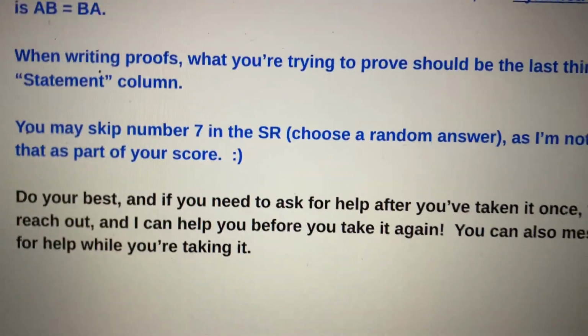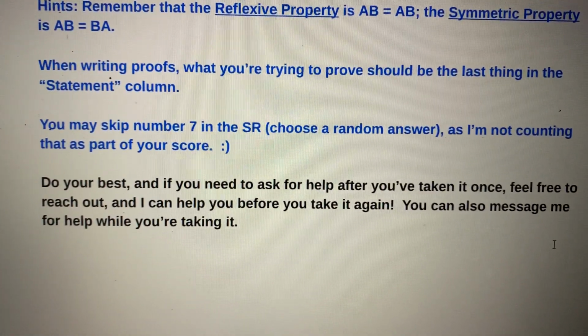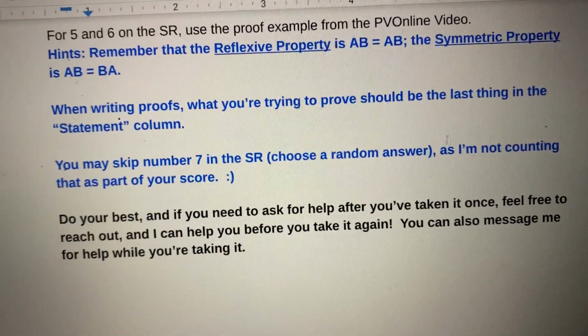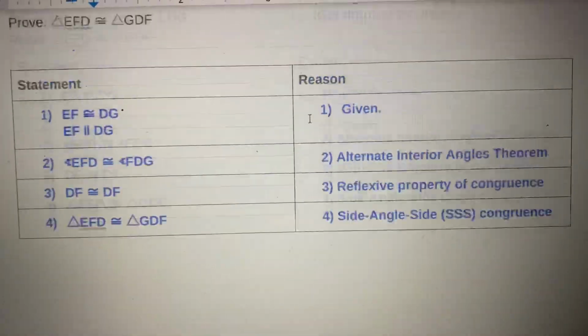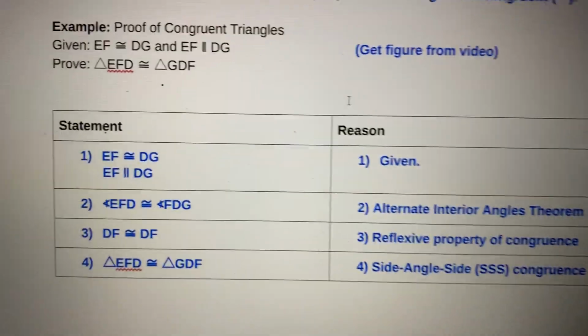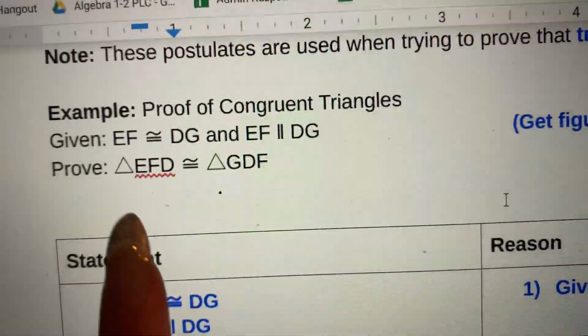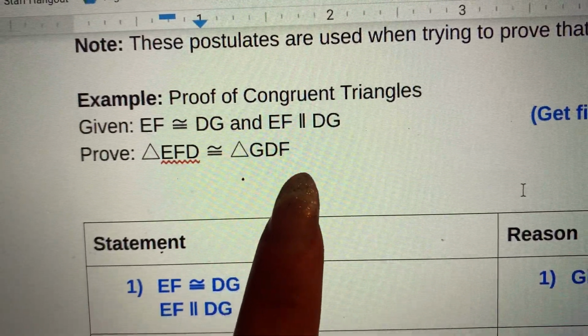When you write a proof, which is what you're going to be doing in number 6, what you are trying to prove is going to be the last statement in your column. Let me show you an example from the notes, which are up here. Notice that in this example from the PV Online video, we wanted to prove that triangle EFD is congruent to triangle GDF.